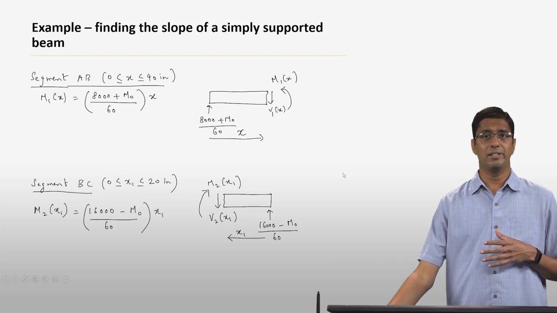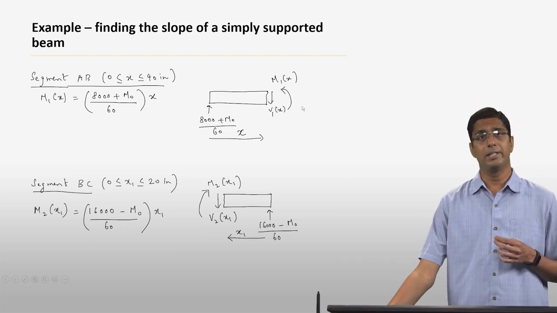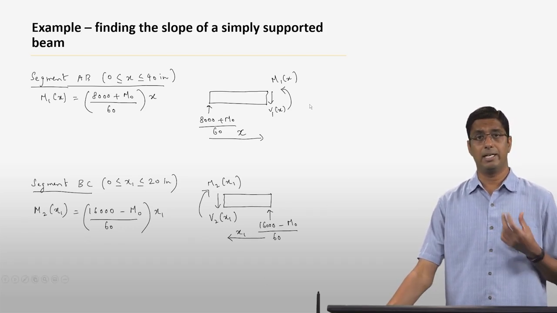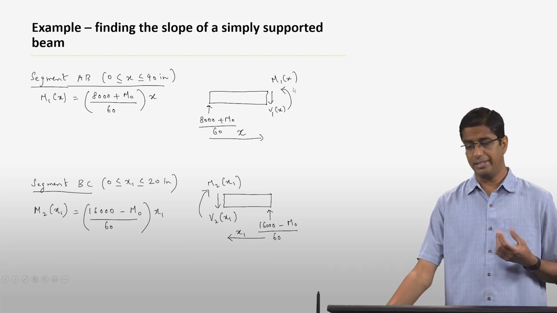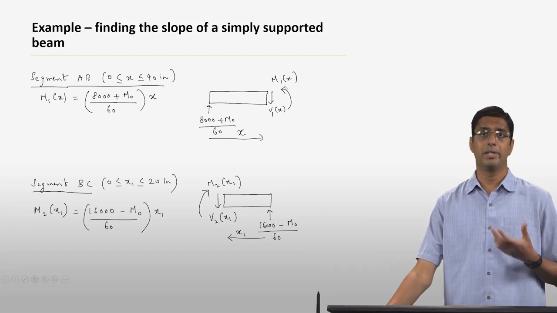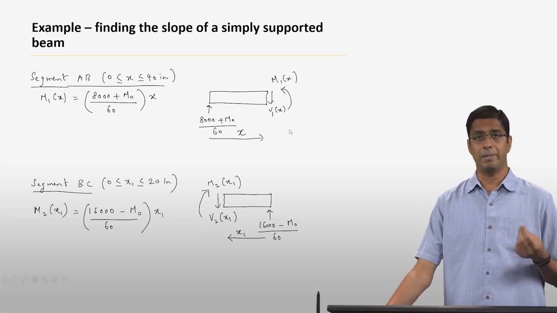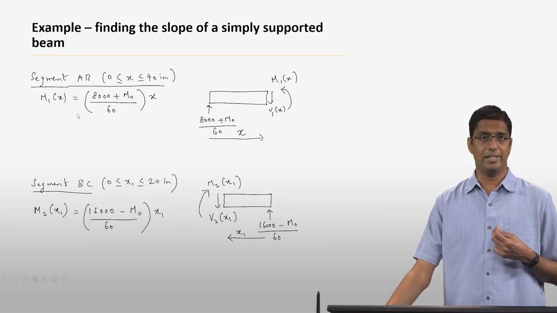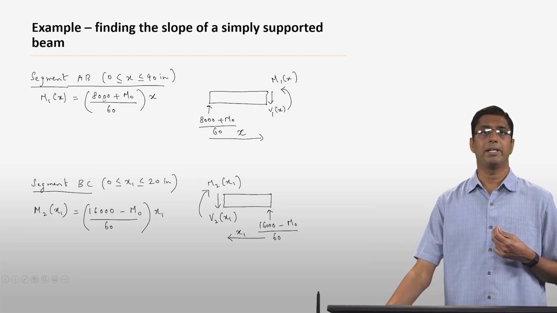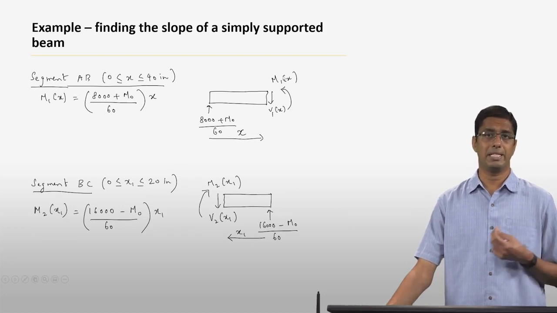It is fairly easy to find the internal moment in segment AB. I denote it by m1 here because m1 is going to be different from m2, which is the moment in the segment BC. You can easily find out that m1 of x is nothing but 8,000 plus m0 by 60 times x. So that is your internal moment in segment AB.